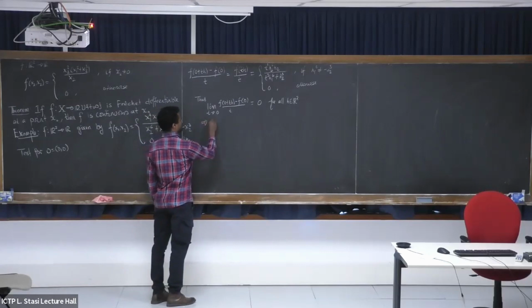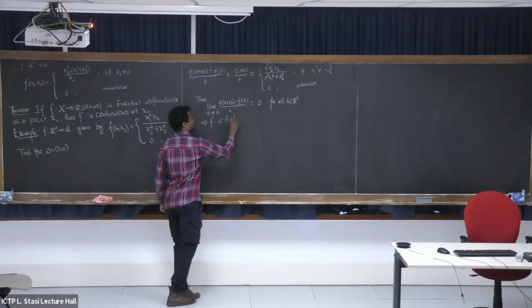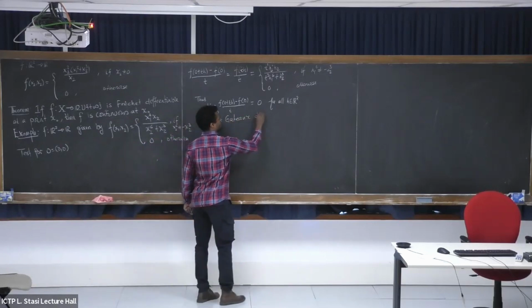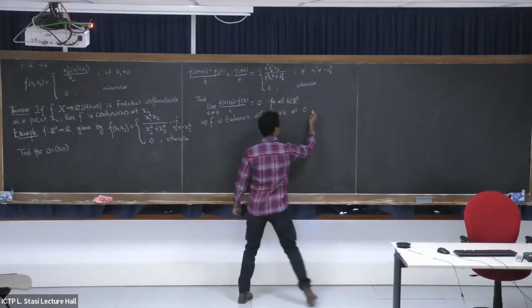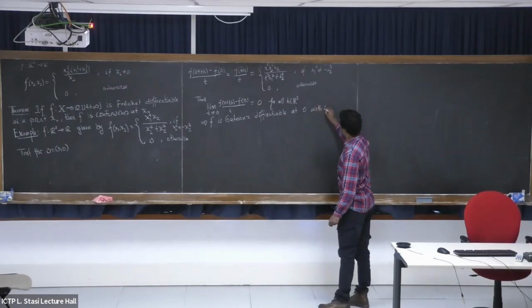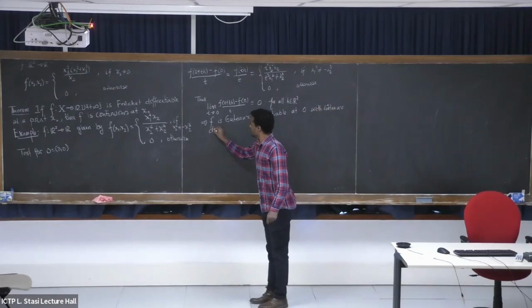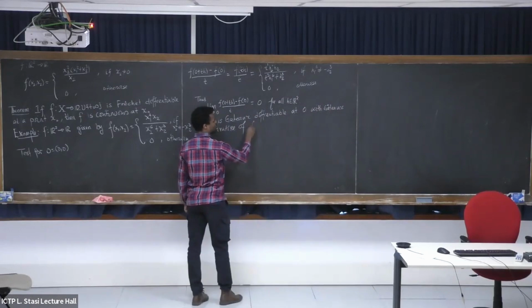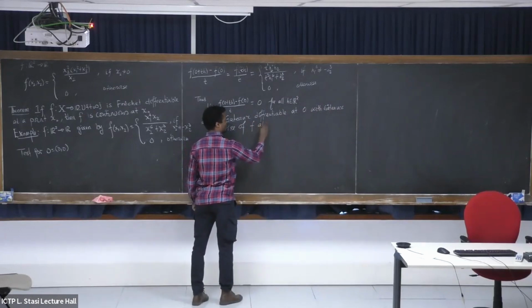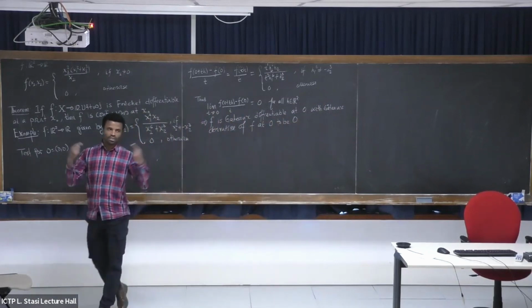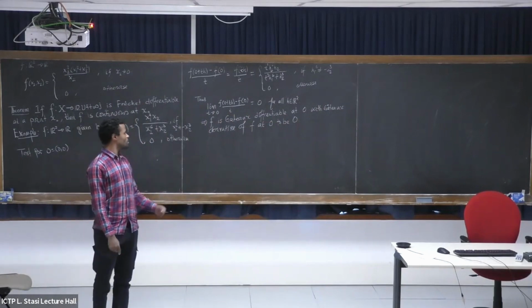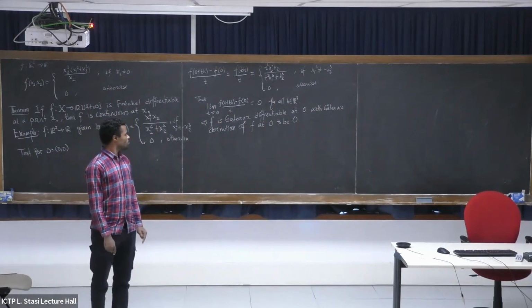So this implies that f is Gateaux differentiable at zero, with Gateaux derivative of f at 0 being 0. But note that the Gateaux derivative and the Fenchel derivative are unique.